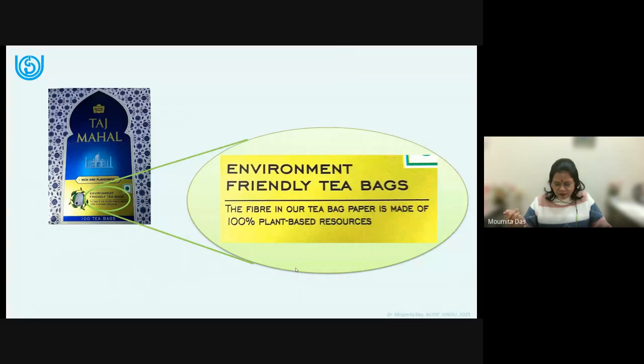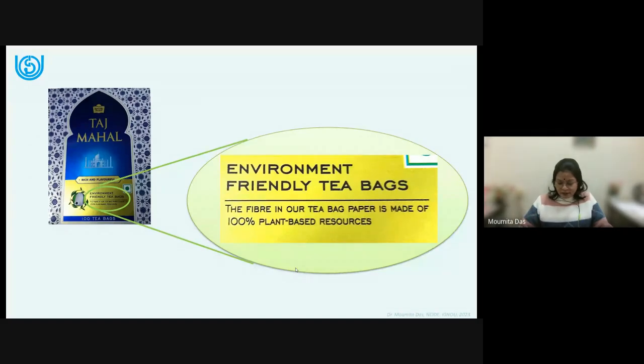It is made up of food grade plastic. So the idea is to make the fiber, make the filter heat sealable. Why heat sealable? Because you have to dip the tea bag in hot water, and so it should not disintegrate or melt. So that is why that heat sealable product is incorporated in the filter.